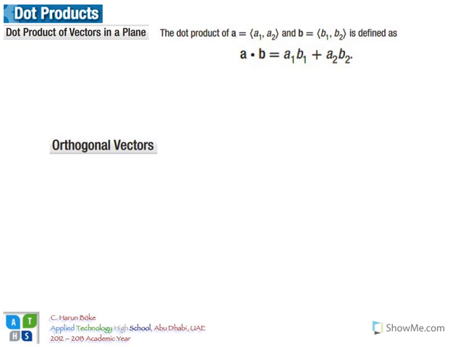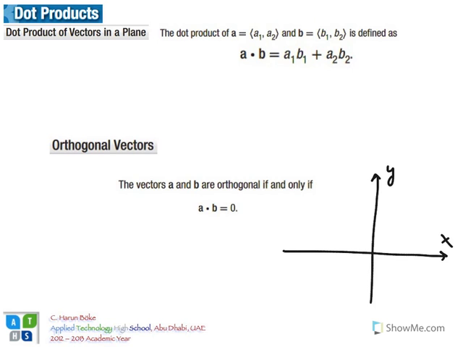Related to the dot product, we have orthogonal vectors. Two vectors are called orthogonal if, and only if, the dot product results in 0. In other words, if we find the dot product of two vectors to be 0, then on the coordinate plane, the angle between these two vectors is 90 degrees, or we can say these two vectors are perpendicular.